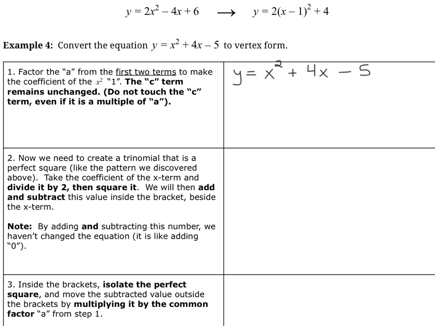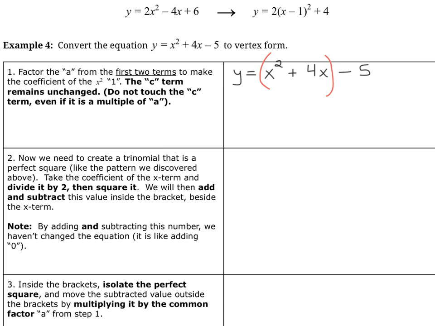Now, normally when we factor out a common factor, we factor it from all three terms in the equation. But with completing the square, you're only going to pull that factor from the first two terms. So I'm going to put a bracket around those first two terms because we're only going to focus specifically on those two.